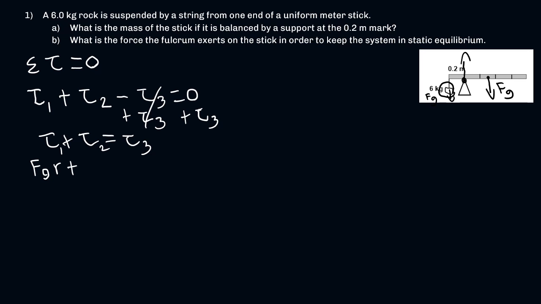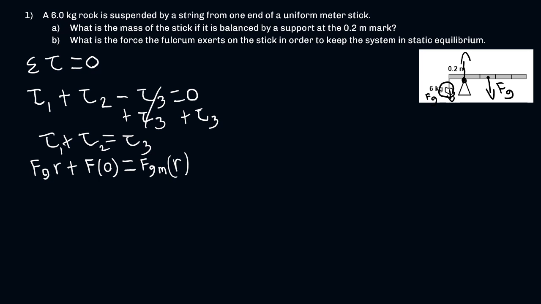For our torque that is exerted by the fulcrum here, this is going to be a force upwards, and our radius is going to be 0 because that is the axis of rotation. And then we have another Fg, and this one is the Fg of the meter stick, times the radius, which is the distance away from the axis of rotation.